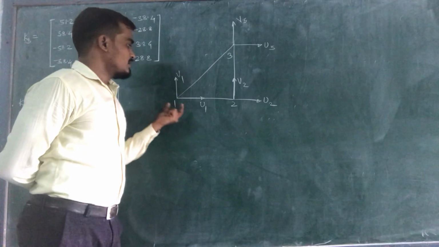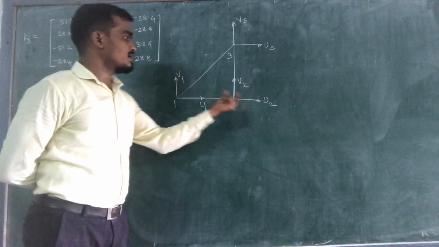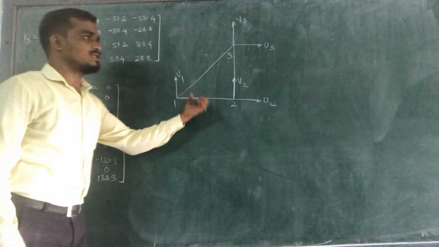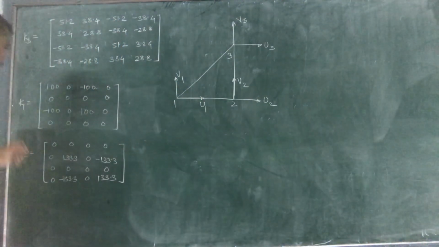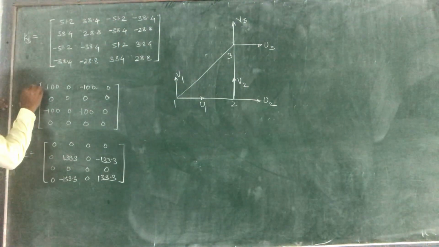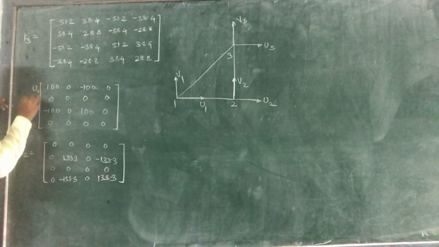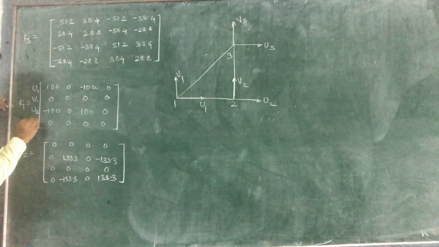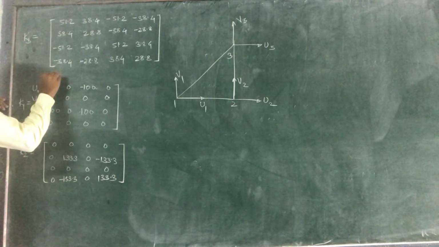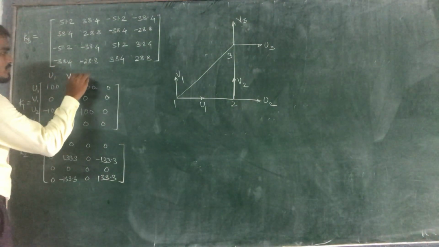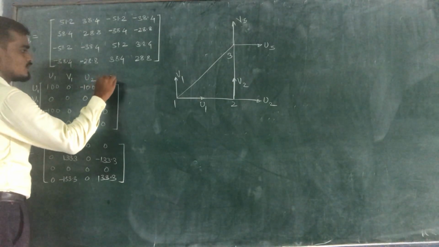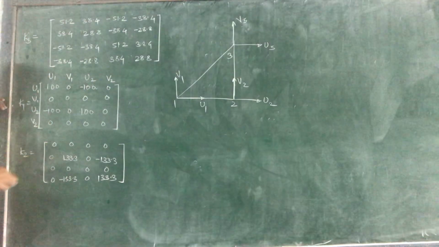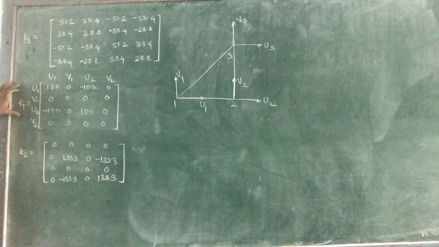It means between U1, V1, U2, V2, rows and columns. So the first element is in between U1, V1, U2, V2.